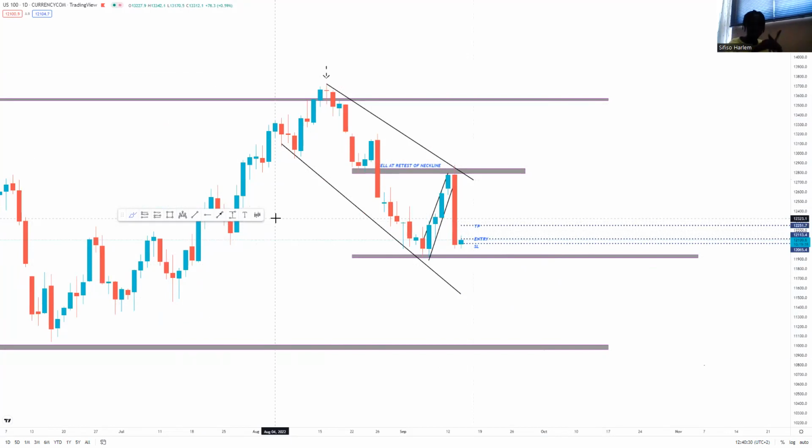Some call it supply, some call it break of support, some call it the neckline of a head and shoulders, and some call it a retracement or a break and retest for continuation to the downside. To me, it's everything: break and retest, support which was broken, neckline of a head and shoulders, and all that.